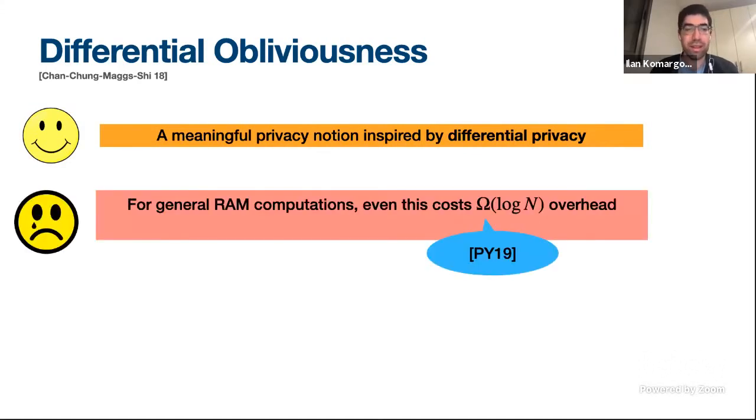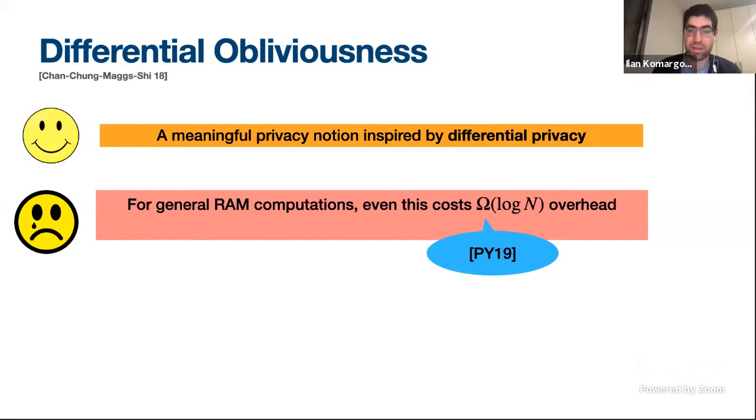But then a year later, there was a very surprising result showing that even if you consider this significant relaxation, it's a very strong relaxation of security, it guarantees much less about privacy, the cost of a general ORAM, or a general differentially oblivious RAM, is still logarithmic.